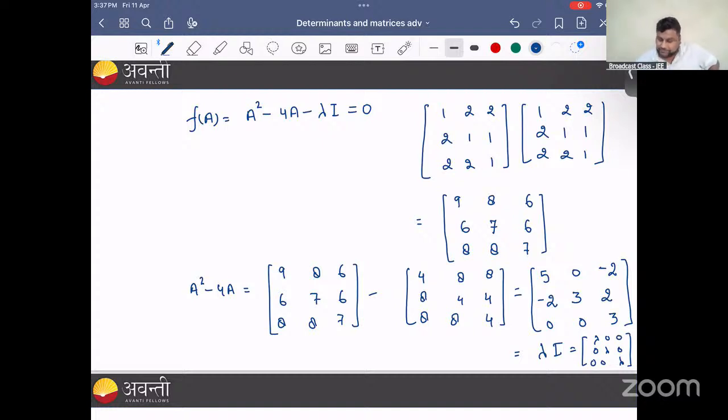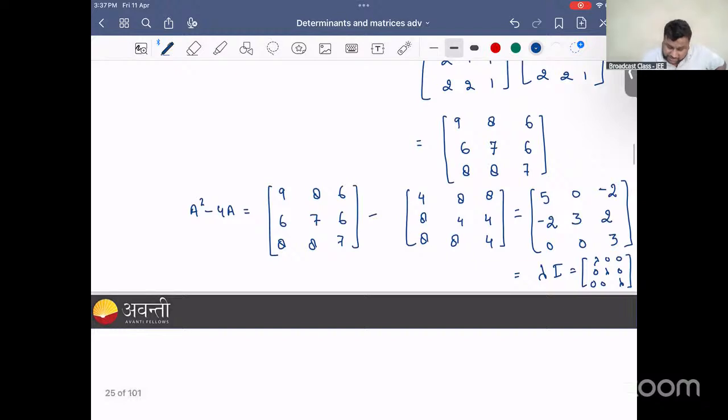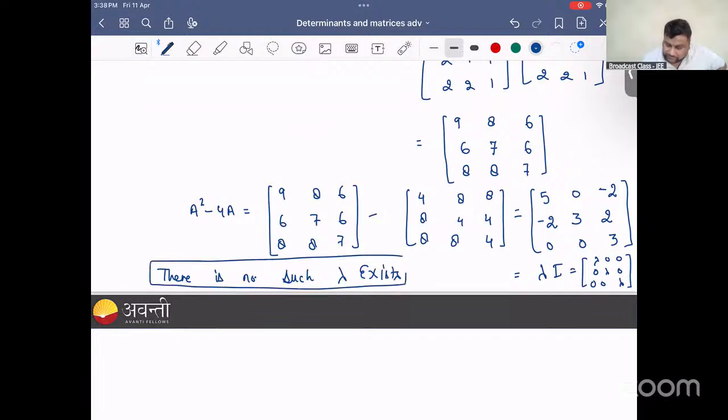Everything is fine. That means there is no such lambda. There is no such lambda that exists.